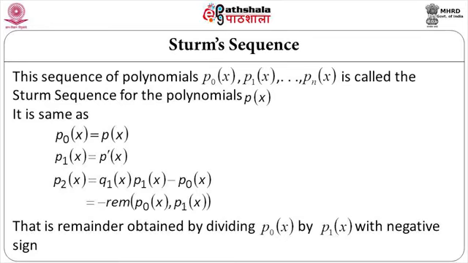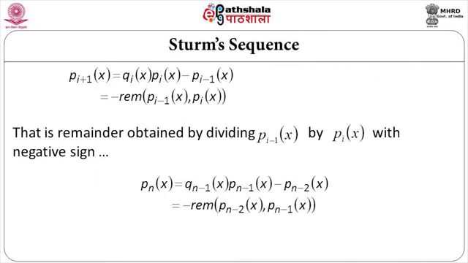So, our sequence is: p 0 x is p x, p 1 x is p dash x, and p 2 x is the remainder on division of p 0 by p 1. That expression, if we compare with the previous expression, p 2 x is q 1 into p 1 minus p 0 x, that is nothing but the remainder obtained on dividing p 0 by p 1.